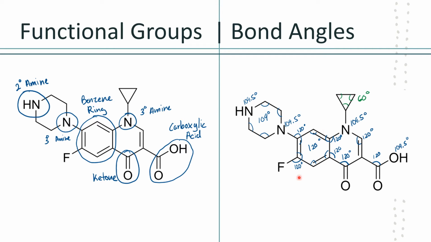And then in the benzene rings and in the double bonded atoms, we observe 120 degrees, such as here in the benzene ring, here in this carbon oxygen bond, in this other pi bond over here, and in this bond over here. We observe 109.5 here in the oxygen because it is bonded to a carbon, a hydrogen, and it has 2 lone pairs.